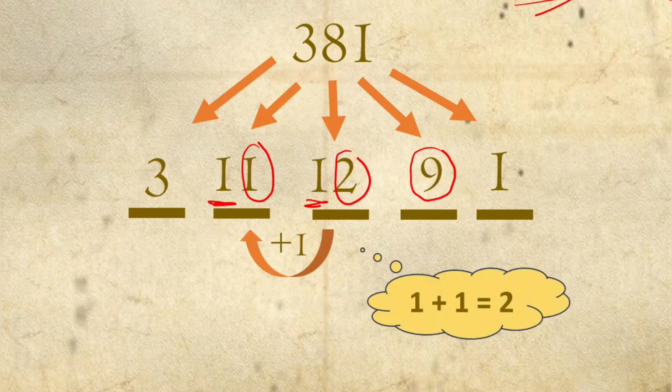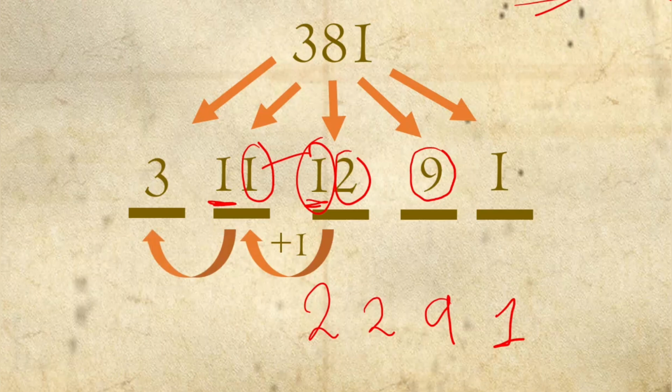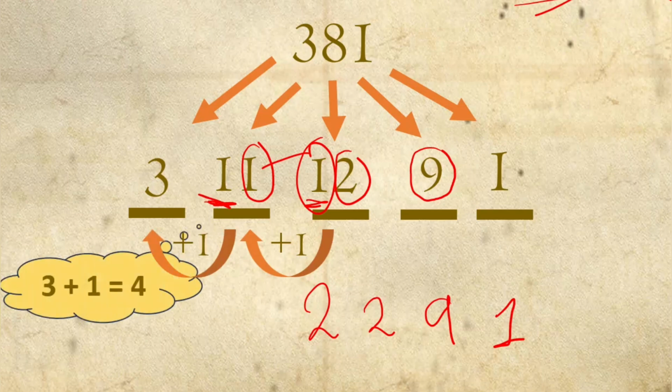Plus 1, and that is going to be 2. Right, so we have 1 as it is over here. We have our 9 as it is over here. We have our 2. When we carry forward this one over here, we get, again, a 2. Then we're going to have another carry forward for this one, 2, 3. So 3 plus 1 is 4, right?